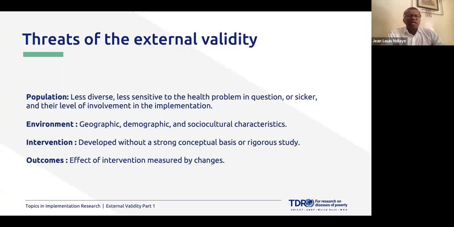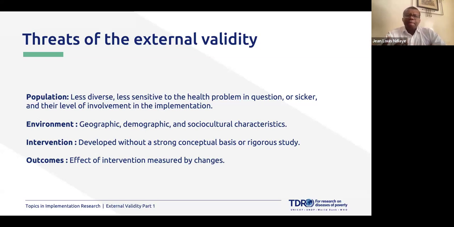First of all, what threats can be addressed when you discuss external validity? There are threats that may limit our ability to generalize a study to a different context, and these can arise at four different levels.